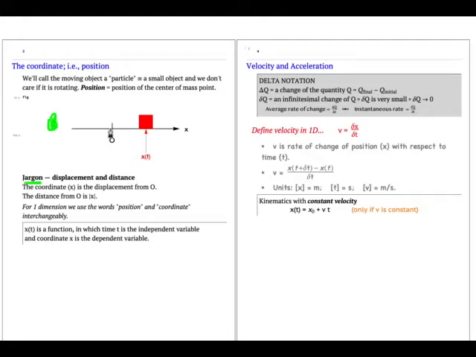And the distance from the origin is the absolute value of that displacement. So distance is always positive, but displacement can be positive or negative, because there's a direction associated with this line, which I indicate by this arrow.